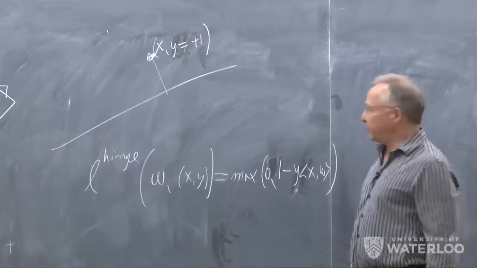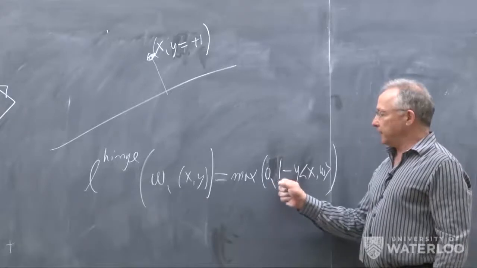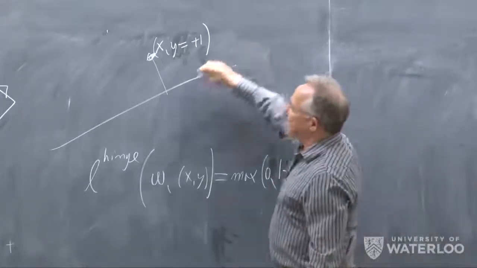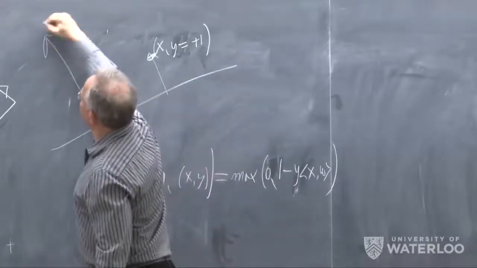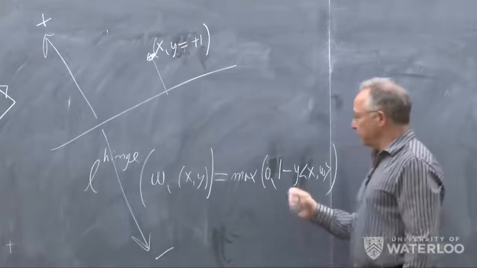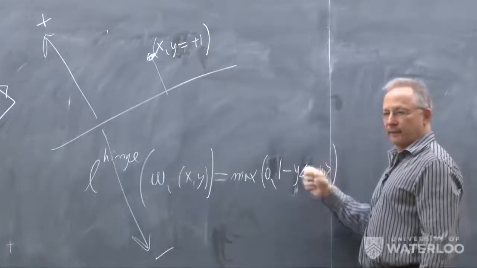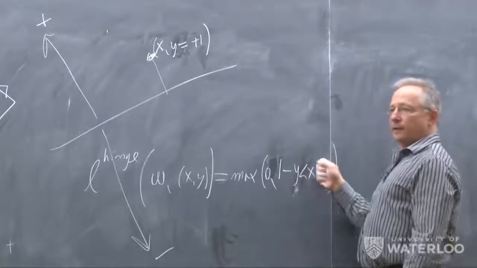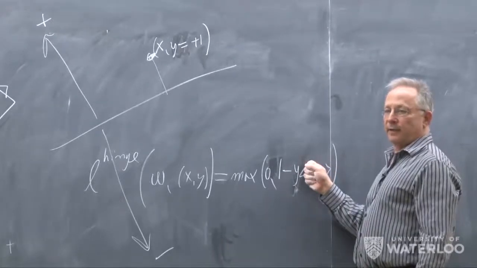So my loss on this point is going to be the maximum between 0 and 1 minus this dot product. Since my line labels this as plus and this as minus, this dot product is plus above the line and minus below the line. This thing is going to be always positive when I predicted the label correctly.